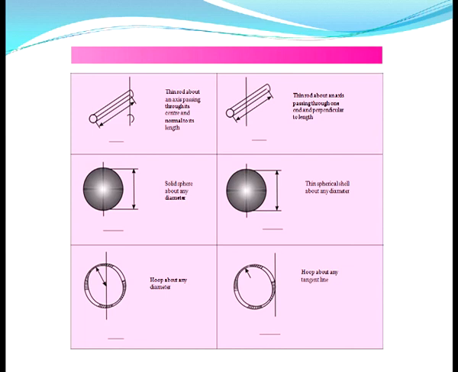We also observe that for a thin spherical shell about an axis passing through any diameter, the moment of inertia is 2/3 mr². Similarly, for a hoop where the axis is passing about any diameter, it is given by mr²/2, and for a hoop when the axis is passing through a tangent line, it is given by 3/2 mr².